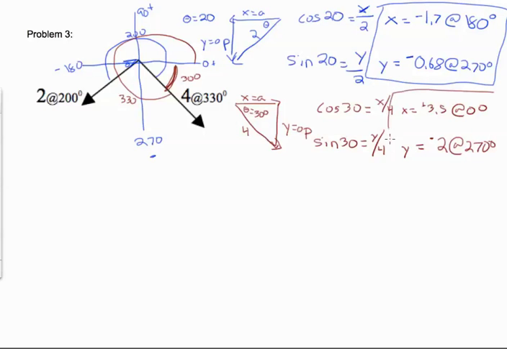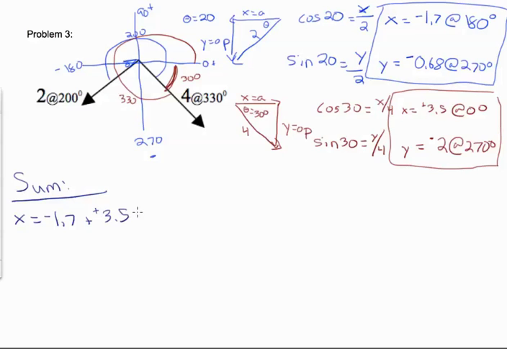So now we'll sum them. And I like to label it sum or resultant or something so that when I'm referencing the work later, it's easy to find where I summed them. Please reference it somehow because you've got lots of x's and lots of y's up here. So for x, I've got negative 1.7 plus positive 3.5 equals positive 1.8.